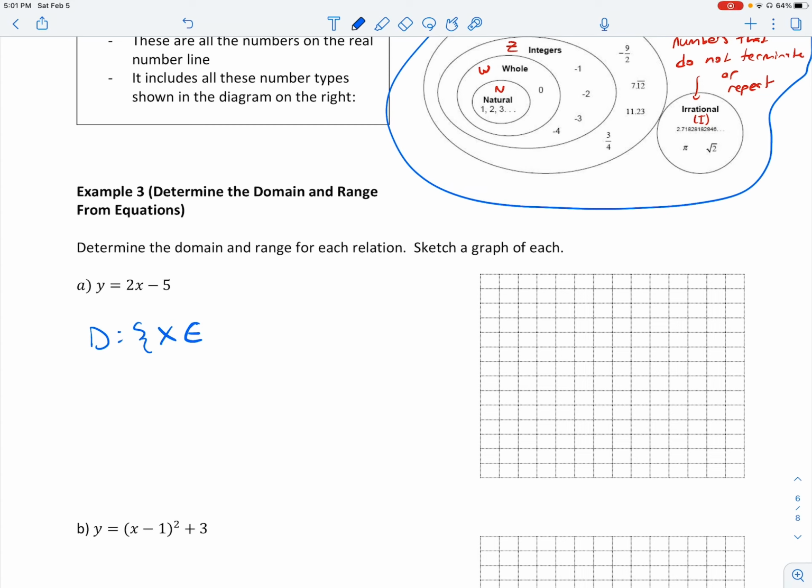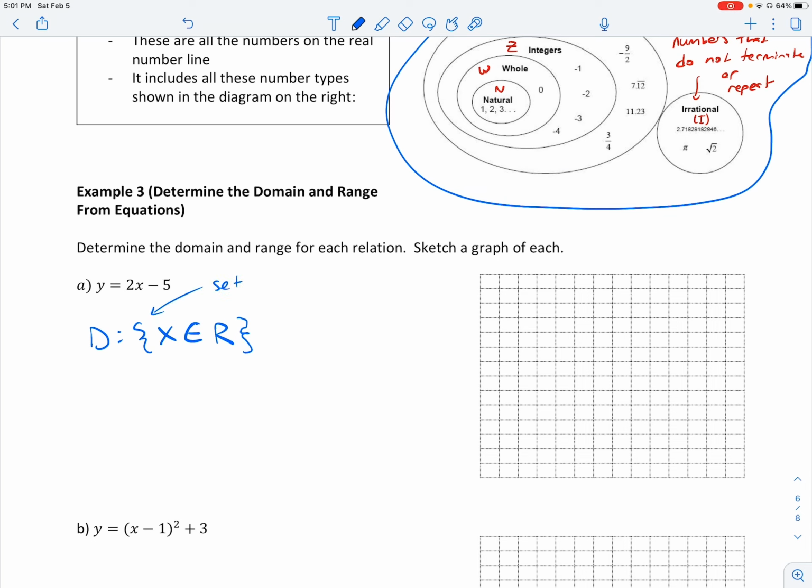So x is an element of the real numbers. If there were any restrictions, I would state that next, but there aren't, so I'm just going to close the bracket. The curly braces mean that this is a set.